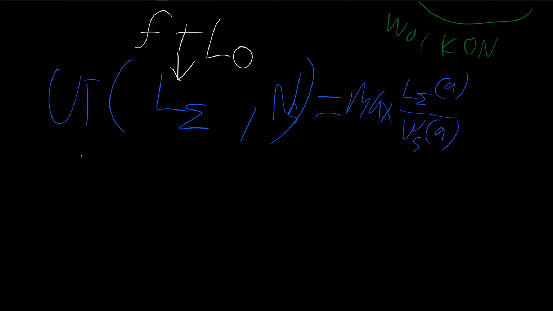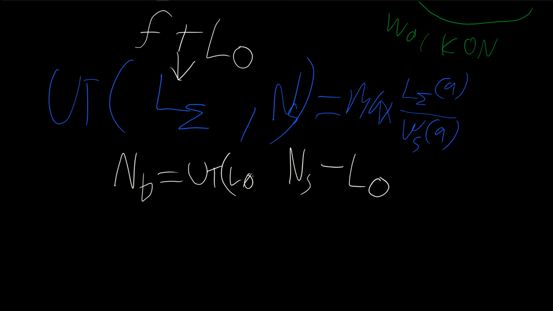Notice that NB is equal to, with some kind of residual, so we're subtracting the obstruction from NS, our original network, or as we'll come to call it, the scaling network. But we kind of need to multiply it by something, and that something is the utilization of the obstruction on the original network.